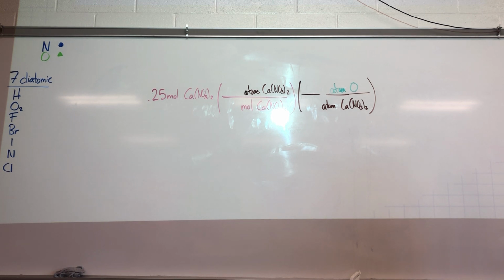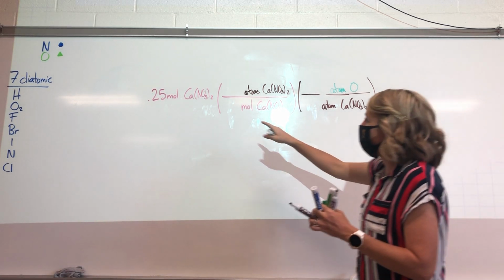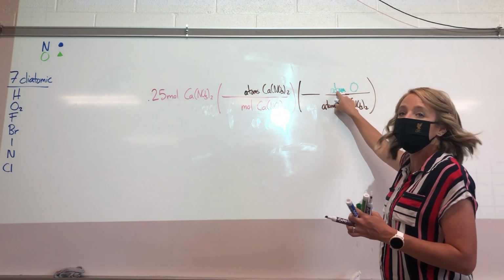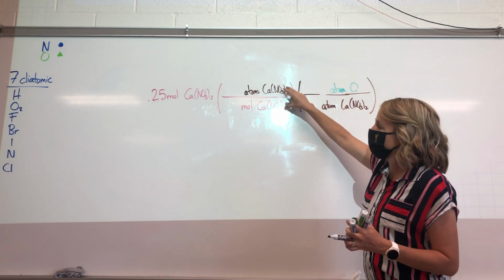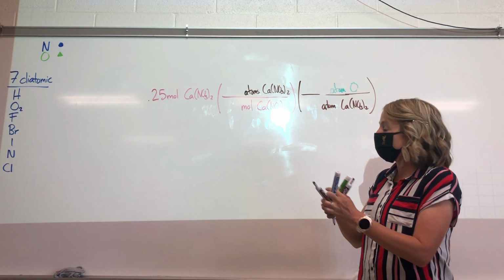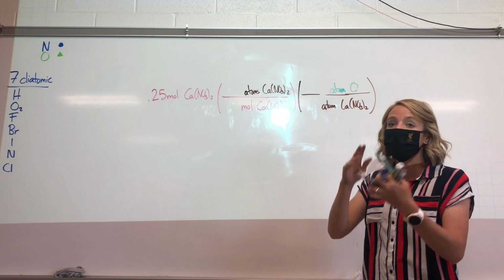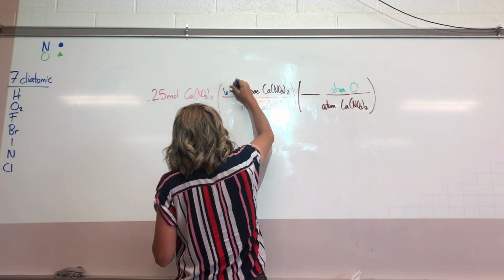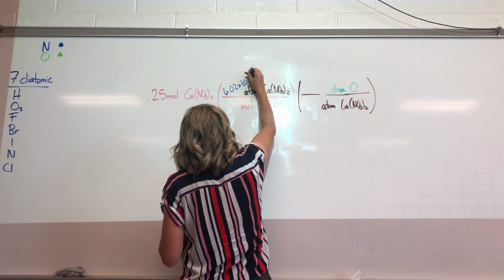Conversions are so logical if you don't just try to memorize this, then this, then this. I'm going from moles into atoms, and then from atoms of the whole into atoms individually. The things on top of each other have to be connected. The thing that connects atoms and moles is always Avogadro's number, 6.02 times 10 to the 23rd.